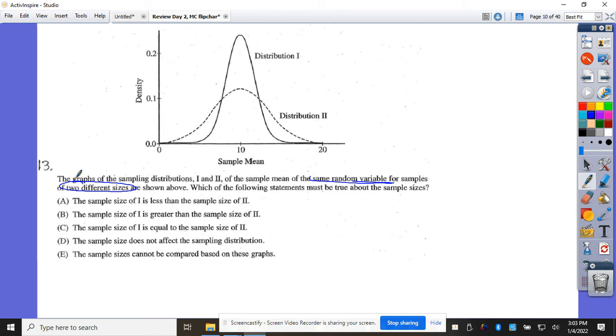So when I am looking at these, visually in this graph, what can you tell me about the distribution of 1 versus the distribution of 2? There are 2 words I can put here.